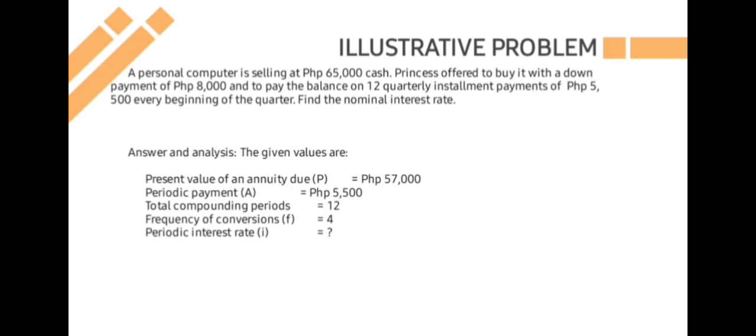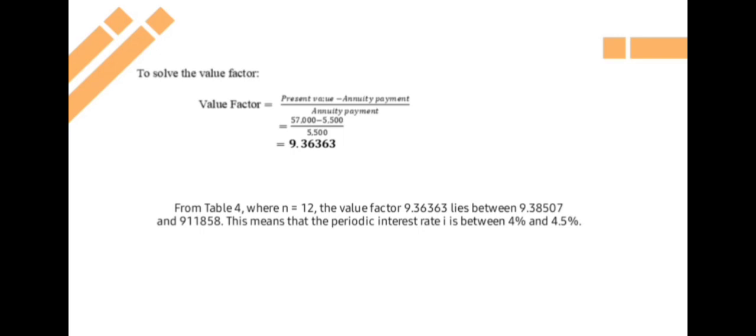The periodic payment is 5,500. The total compounding periods is equal to 12. Then our frequency of conversion is 4 because it is quarterly. The periodic interest rate is what we will look for. So, following the procedure, to solve for the value factor, we deduct the annuity payment from the present value, then divide again by the annuity payment.